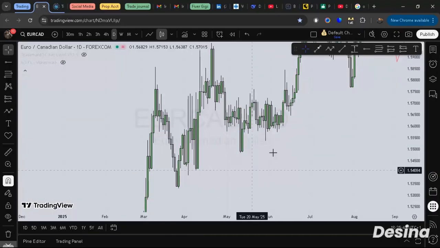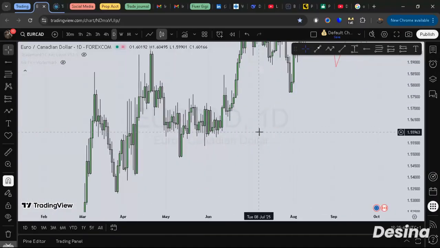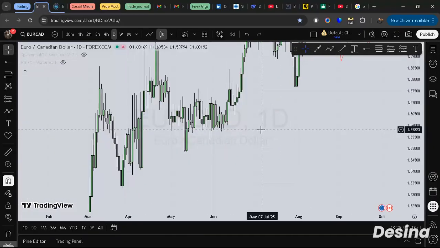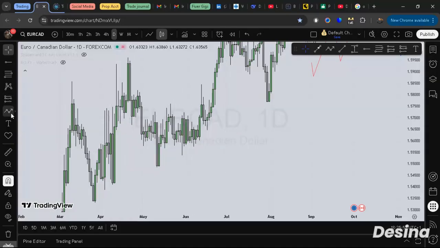Okay, trying to find a bearish scenario. Okay, I think I found one. I used this one too for the expansion at that time. You can see here we had a bearish scenario, price came in and continued. If I extract this one out right now, this is what it looks like. Same thing: expansion, retracement, continuation.